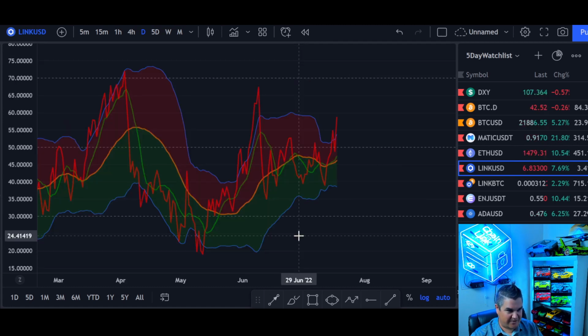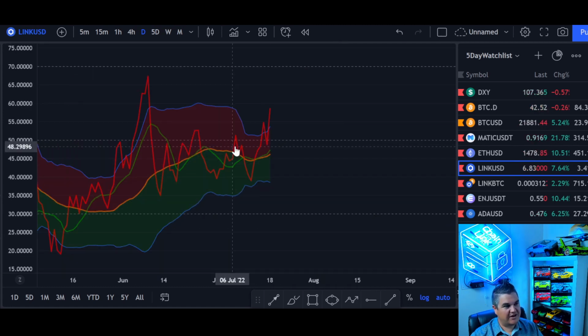Your TDI. I haven't talked about this one a lot. We talked about this in my group. This is the only kind of cautionary flag so far, right? We're outside of the bands, which maybe we're in this move, right? Maybe we've got to come back in and then go again. But being outside of the bands does not usually last that long. So maybe we just need a breather. What I do like is the mouth opening.